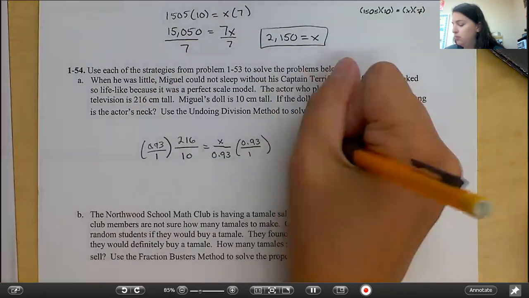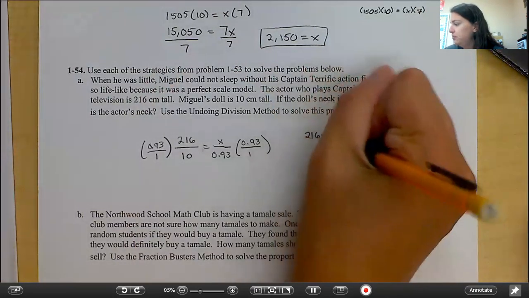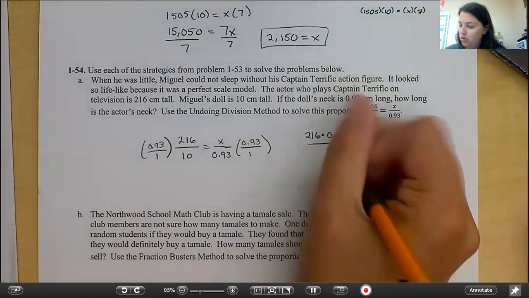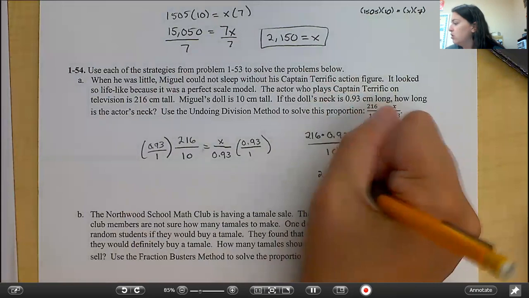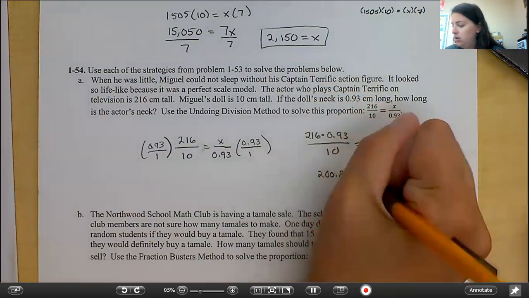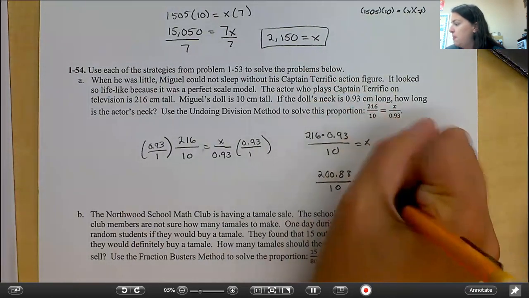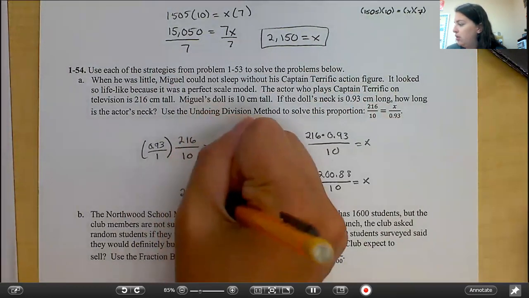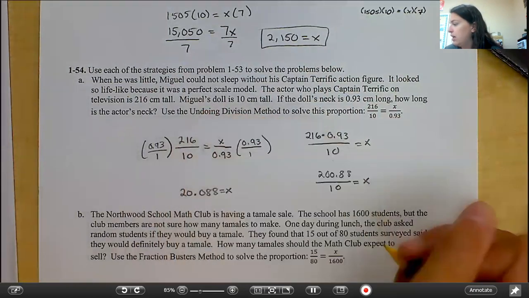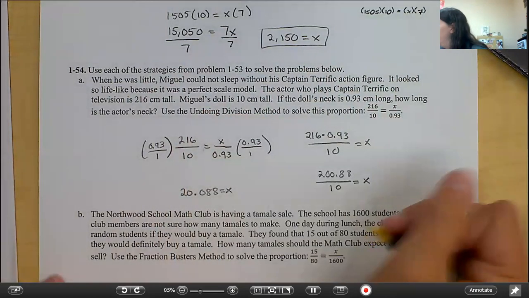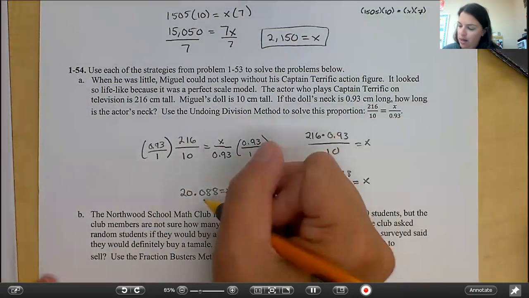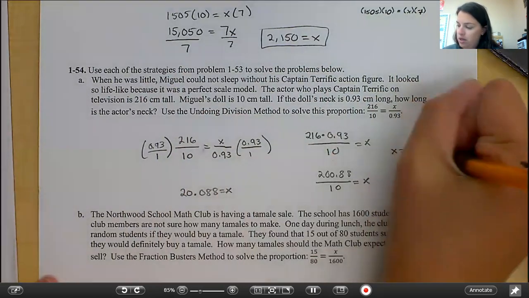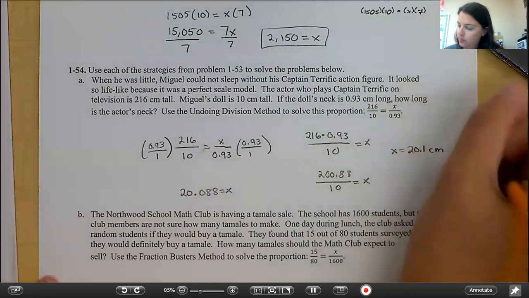And when we do that, that's going to give us 216 times 9,300 is 288 hundredths divided by 10, which gives you 20 and 88 thousandths equals x. So if we were to round to the nearest tenth, that's going to give us x equals 20.1 centimeters.